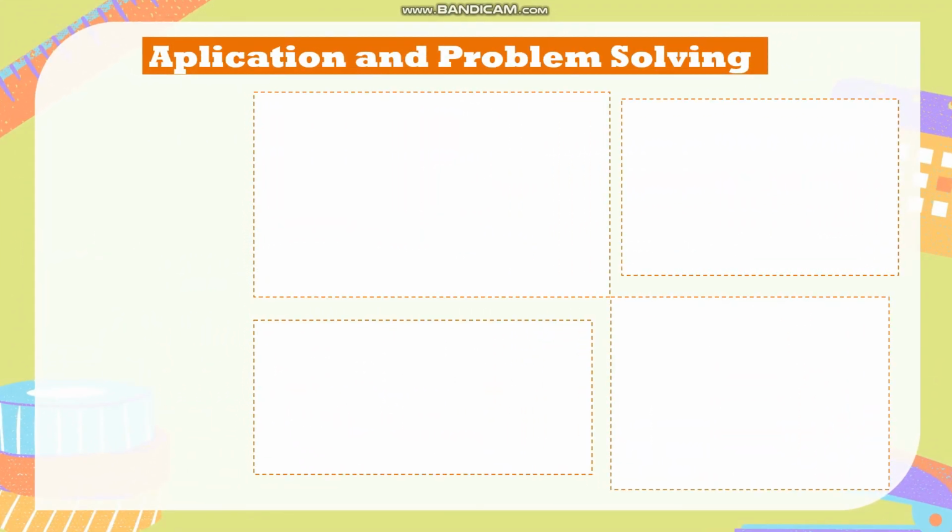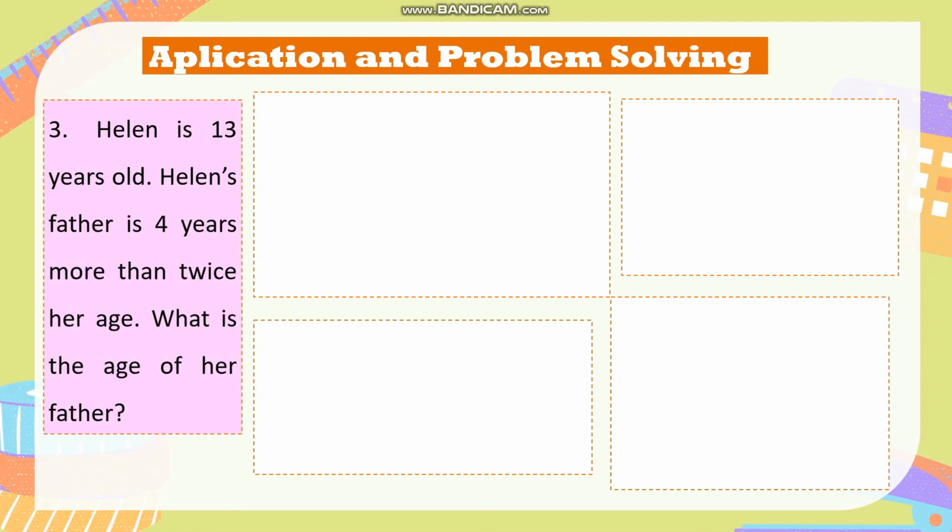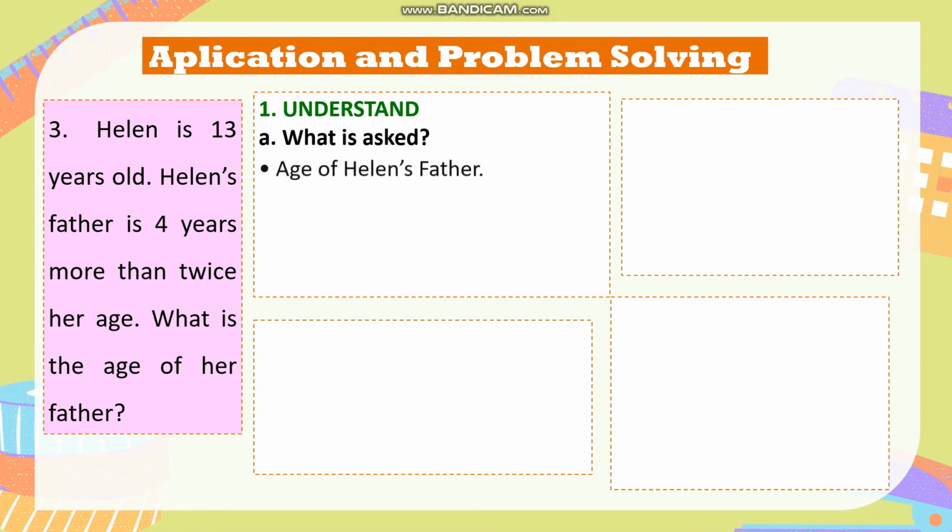Application and problem solving. Number 3. Helen is 13 years old. Helen's father is 4 years more than twice her age. What is the age of her father? Number 1. Understand. Letter A. What is asked? Age of Helen's father.